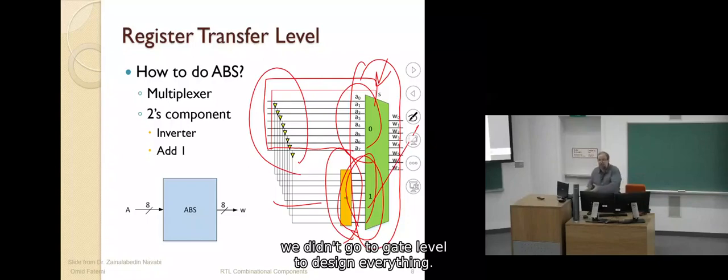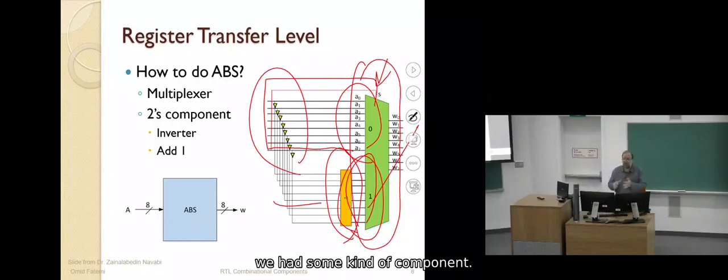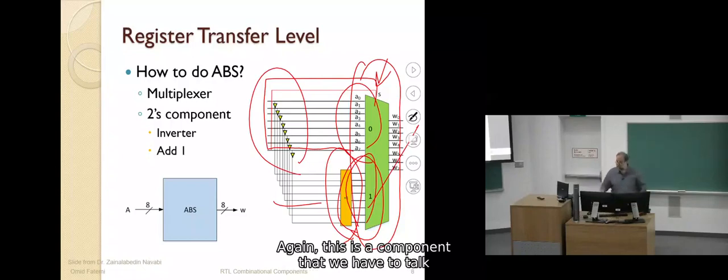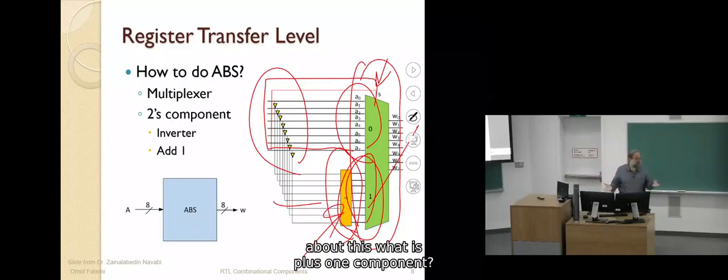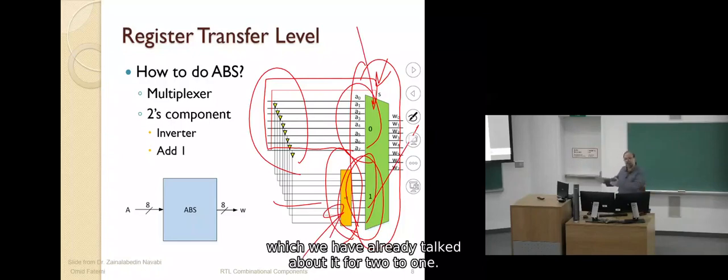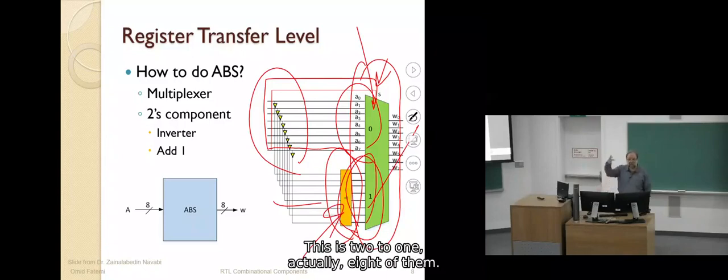We didn't go to gate level to design everything at the gate level. We had some kind of component. Again, this is a component that we have to talk about. What is the +1 component? This is a multiplexer which we have already talked about, 2 to 1. Actually 8 of them, 8 multiplexers, 2 to 1.